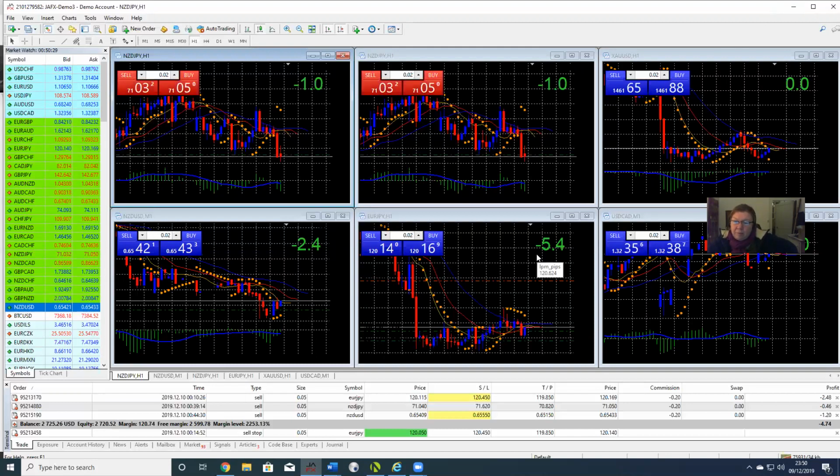Do you see what I mean? So at 4 cents per pip, you'd be making 20 cents. If that was a loss, you're losing 20 cents. Whereas if you had a 0.01 lot size, you'd only be losing 5 cents.